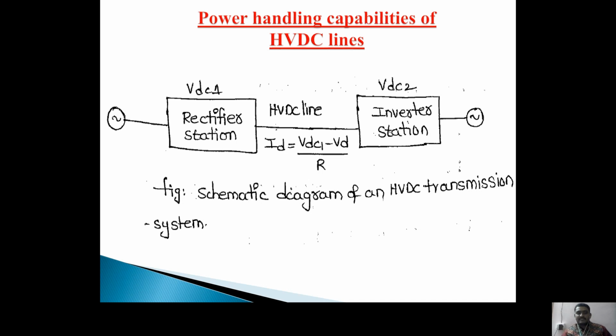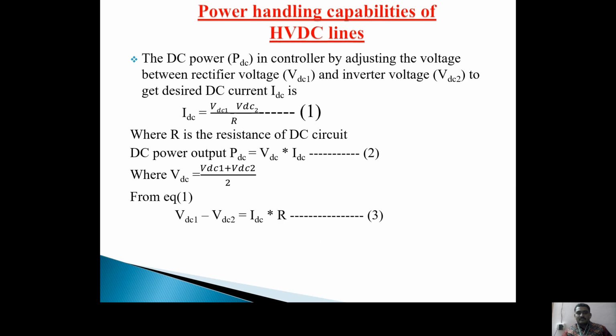Here the DC power is controlled by adjusting the voltage between the rectifier and inverter, that is VDC1 and VDC2, to get the desired DC current IDC.